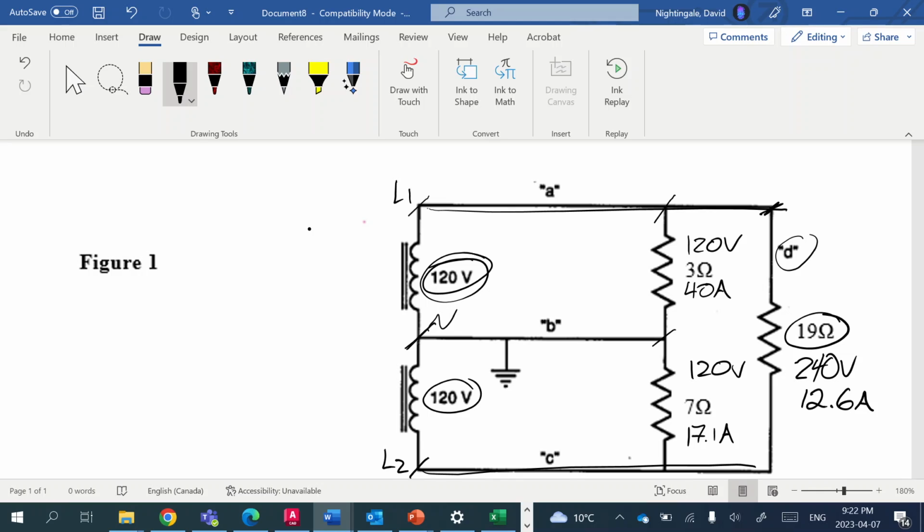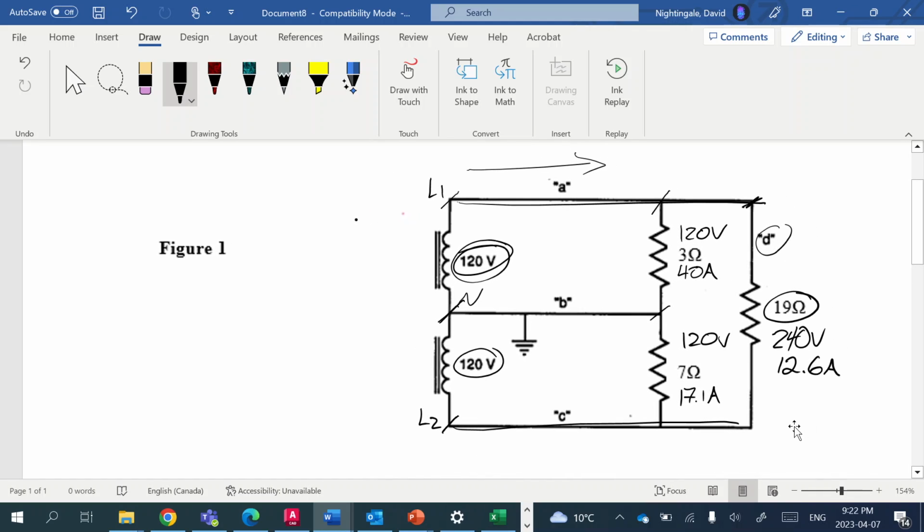Now it's always a good idea to give our current a direction. So let's say our current is going out of line 1 this way. Because we're dealing with AC, our current's going to be changing 120 times a second. So our current's going to go out of line 1 and back into line 2 in our particular case.